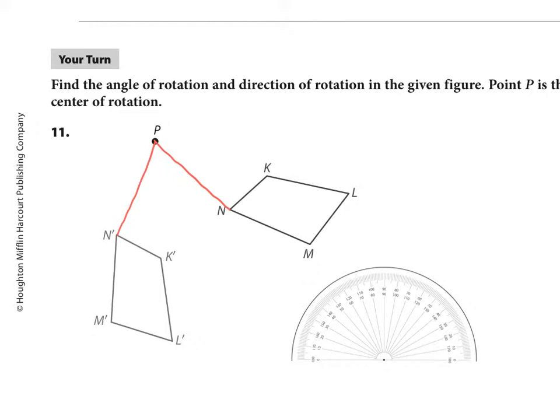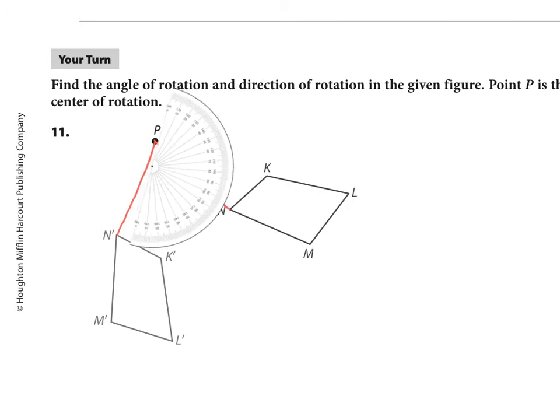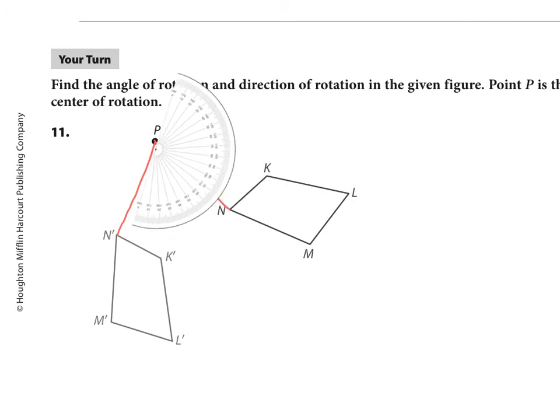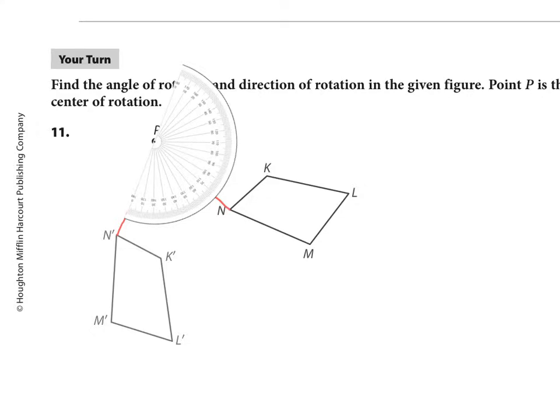And I want to measure that angle. So I'm going to take my protractor like so and make it a little bit smaller since I can't see the whole thing here. It looks like I do get about 70 degrees. So here is my line.